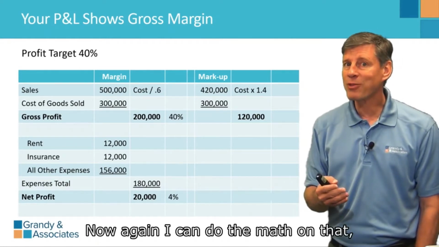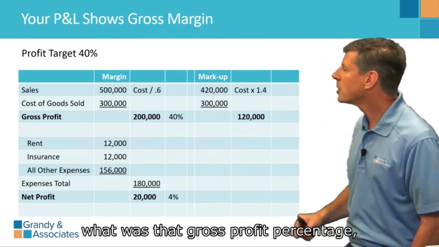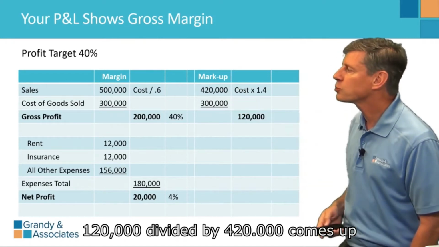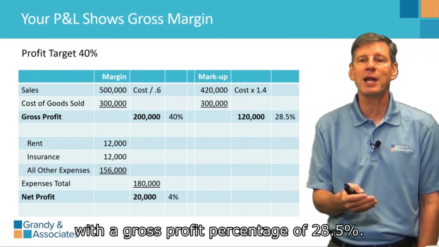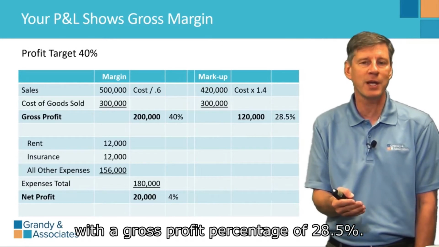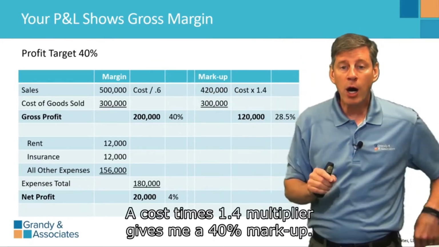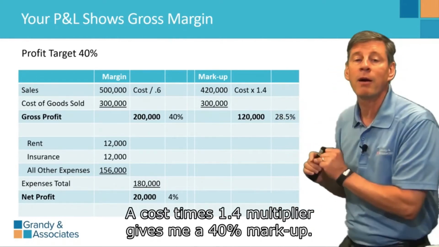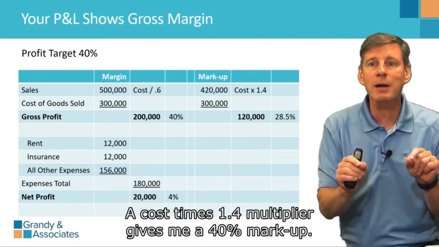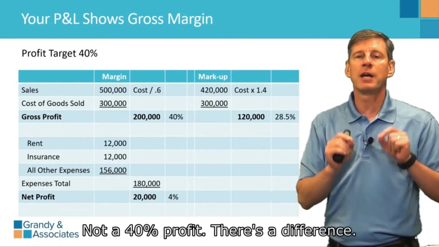Now again, I can do the math on that. What was that gross profit percentage? 120,000 divided by 420,000 comes up with a gross profit percentage of 28.5%, not the 40% that we were targeting. A cost times 1.4 multiplier gives me a 40% markup, not a 40% profit.